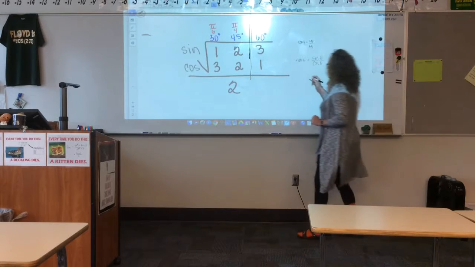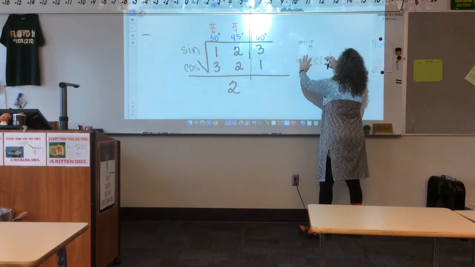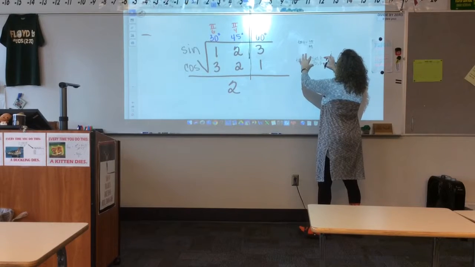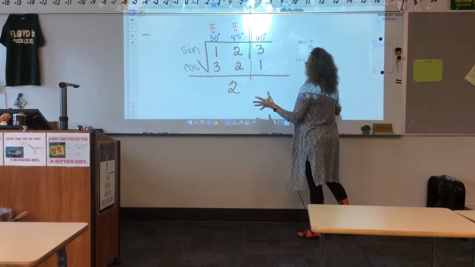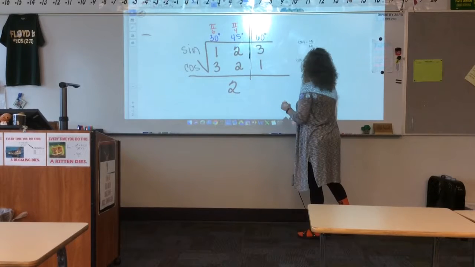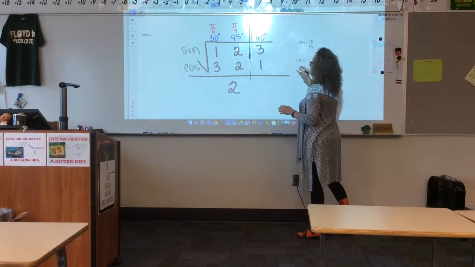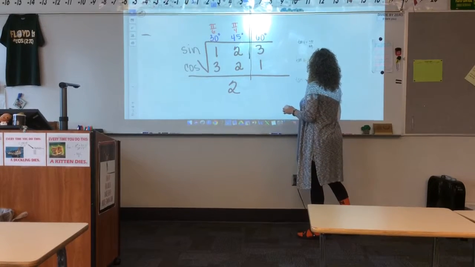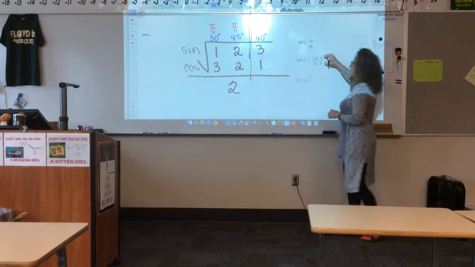Okay? So here's what's going to happen every time you do sine fraction over cosine fraction. I'll pick 60 degrees. Watch what happens when I do tangent of 60 degrees using this.